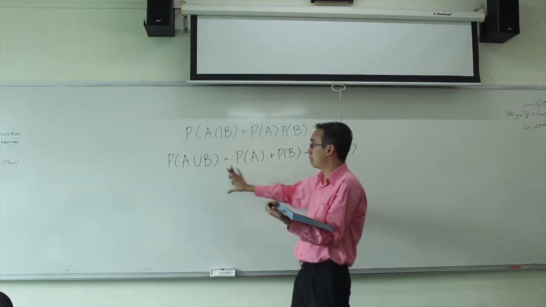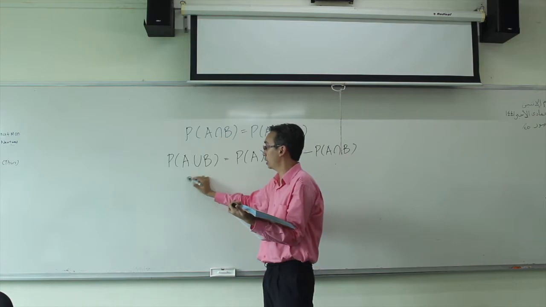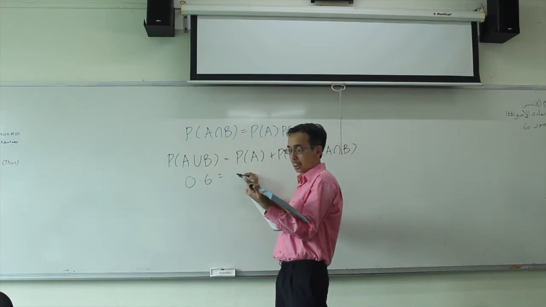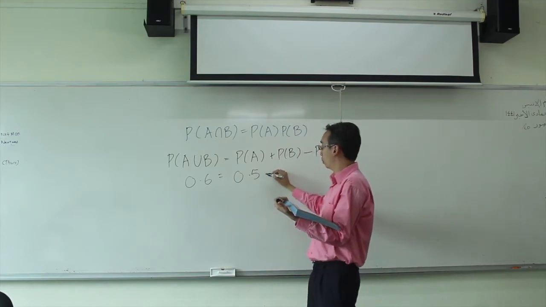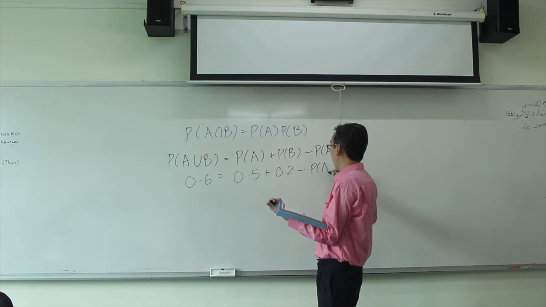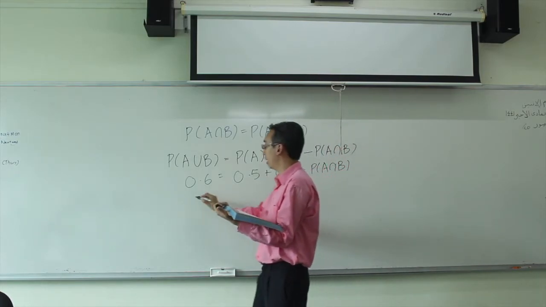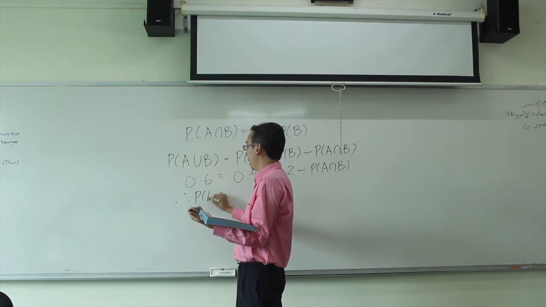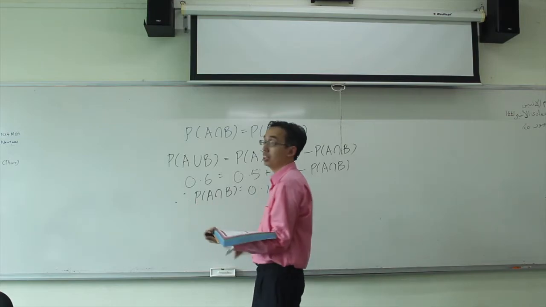Let us plug in all the numbers that are given. A union B is 0.6, A is 0.5, B is 0.2, and we minus away probability of A intersect B. Rearranging this, we arrive at probability of A intersect B is 0.1.